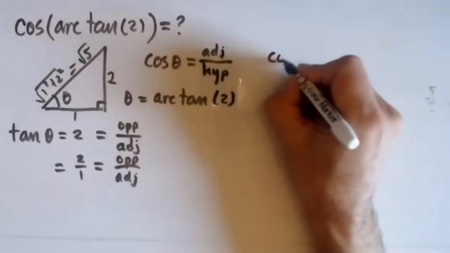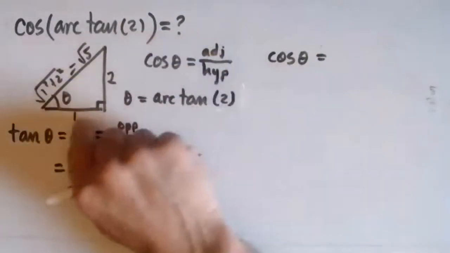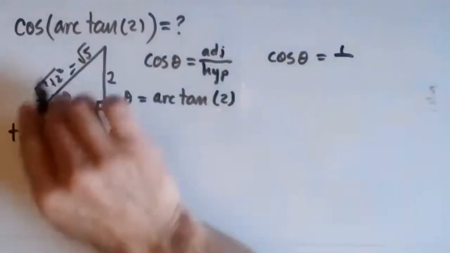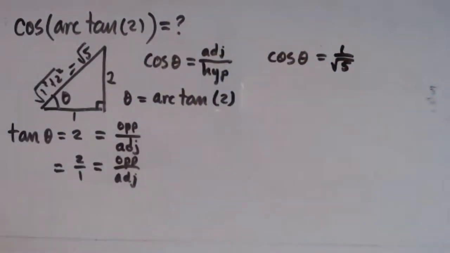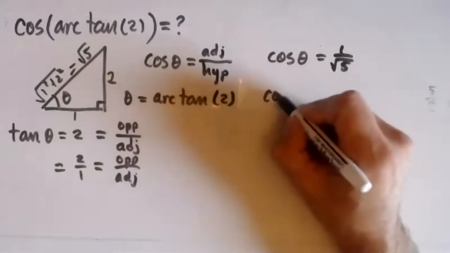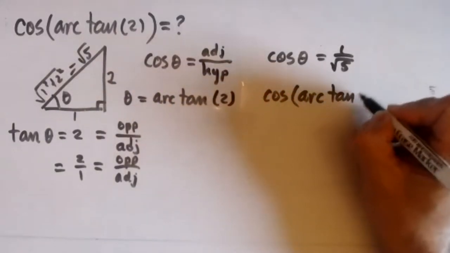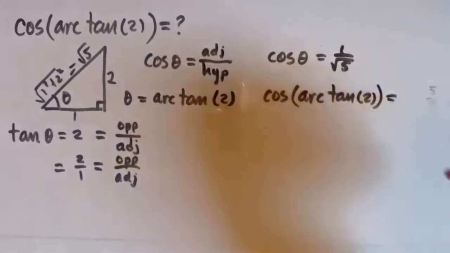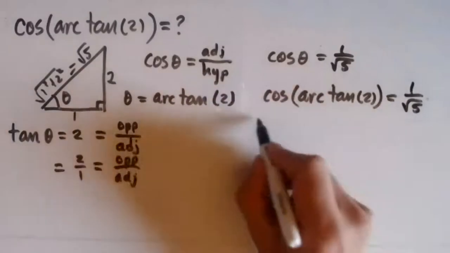So the cosine of the angle for this triangle is the adjacent, that is 1, over the hypotenuse, that is the square root of 5. Okay, so the cosine of the arc tangent of 2 is 1 over the square root of 5.